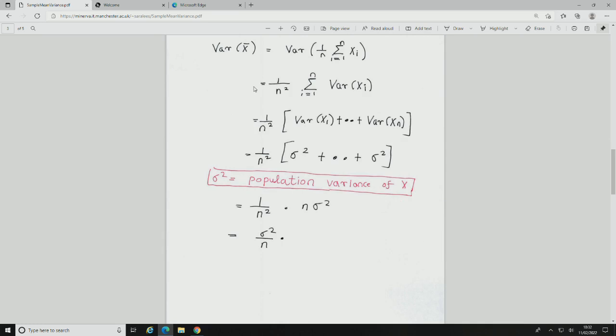The sigma squared is the variance of X, which is equal to the expected value of X squared minus the square of the expectation, right?